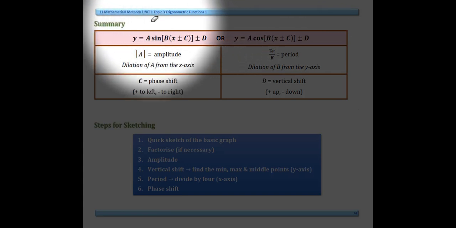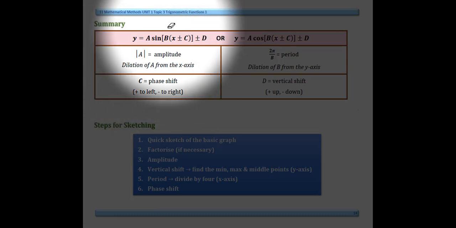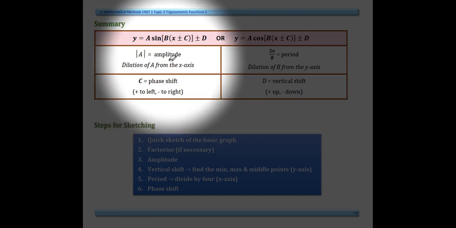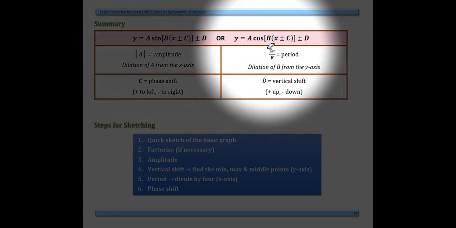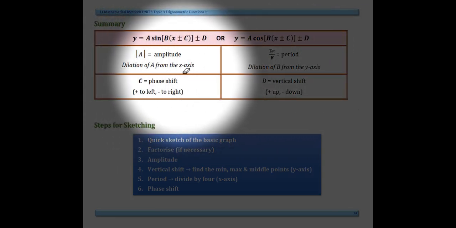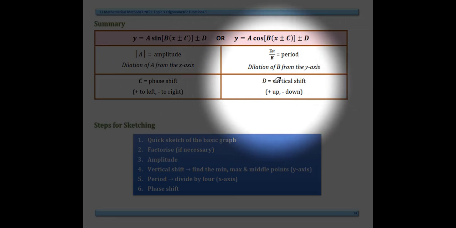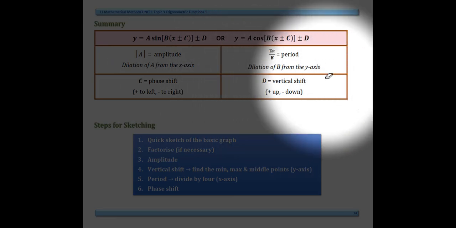So in summary, the A that's out the front is our amplitude. It's the absolute value of what's out the front. Our B, which is in front of the x, is going to be part of our period. So 2 pi over B is our period. Now you can think of A, our amplitude, as being a dilation from the x-axis, and our period is a dilation from the y-axis.